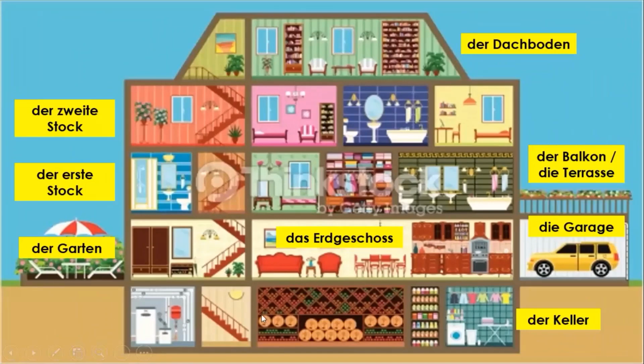So in a house, there can be the basement, which is der Keller. Then the ground floor is das Erdgeschoss.